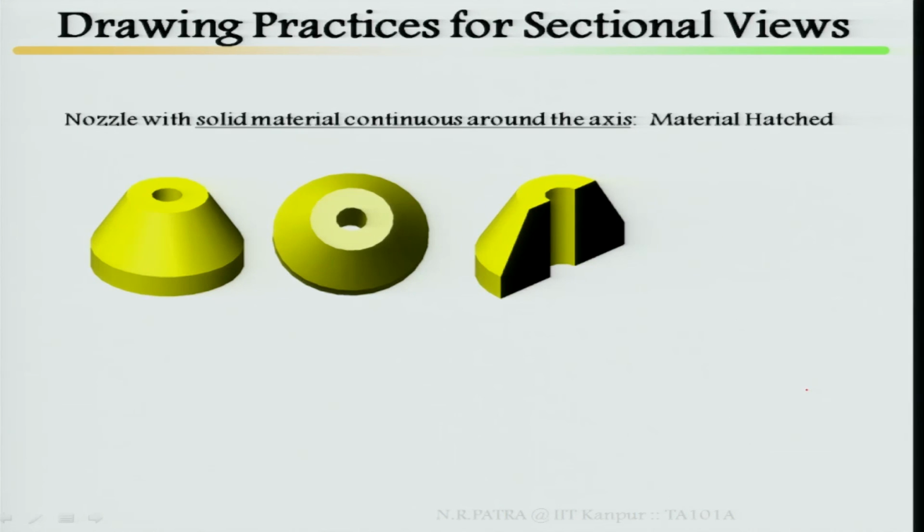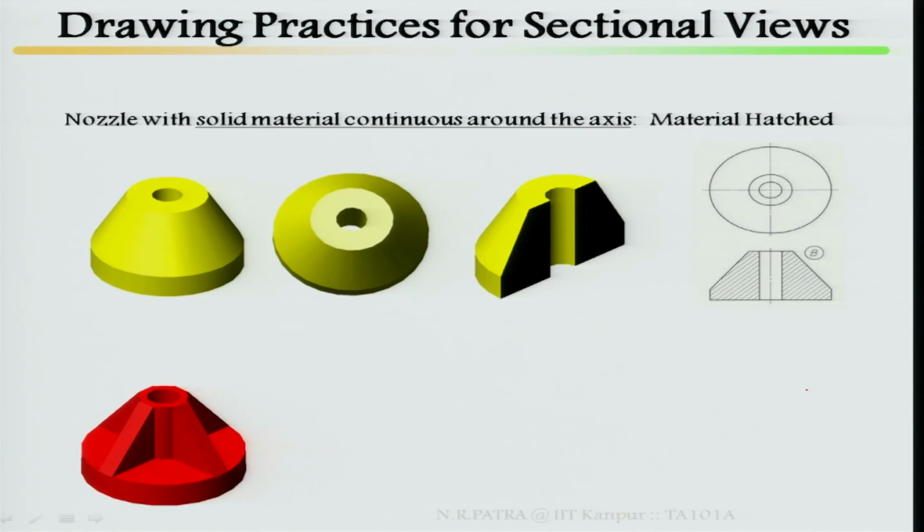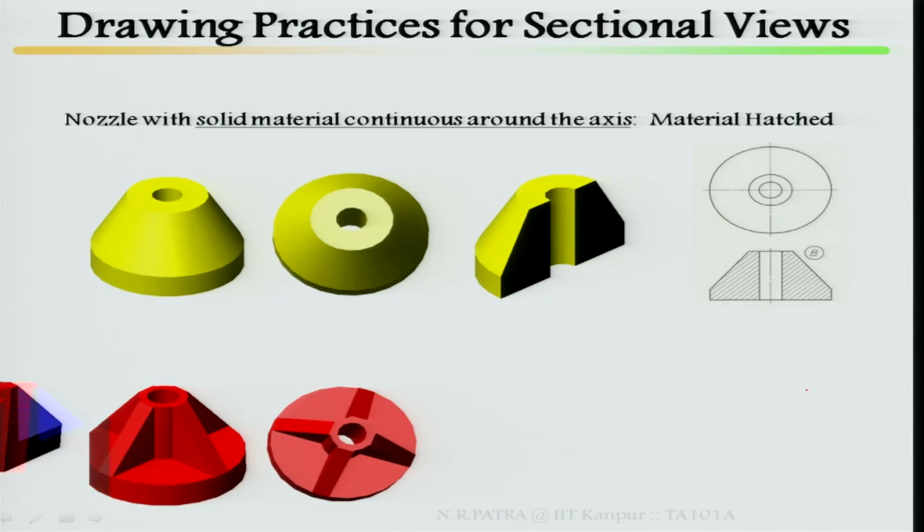Nozzle with solid material continuous around the axis. There is a solid material, then there is a nozzle, and it is continuous throughout the axis, so the material has to be hatched. Material has been hatched.